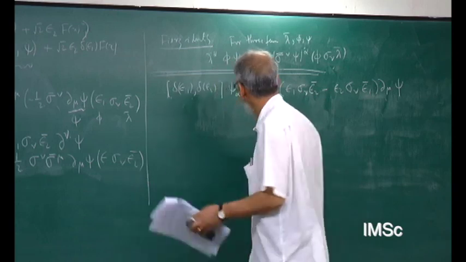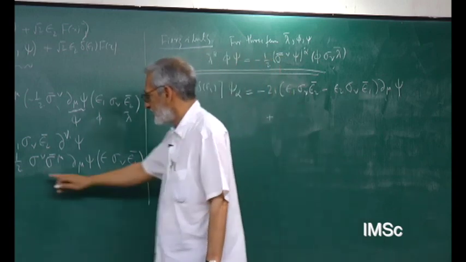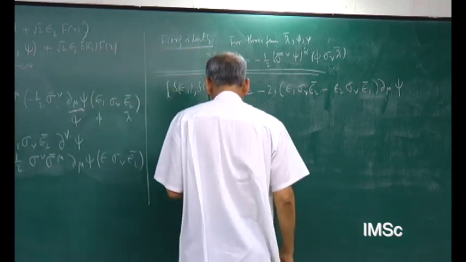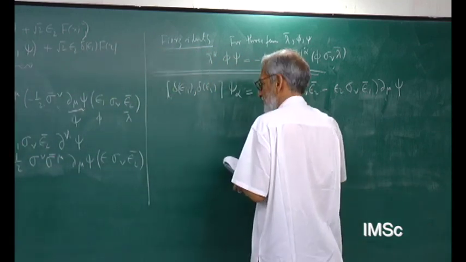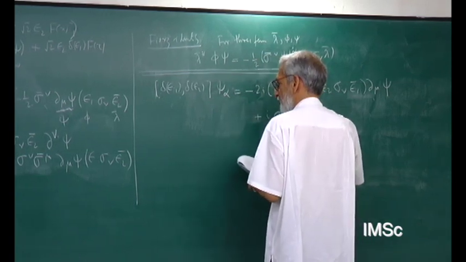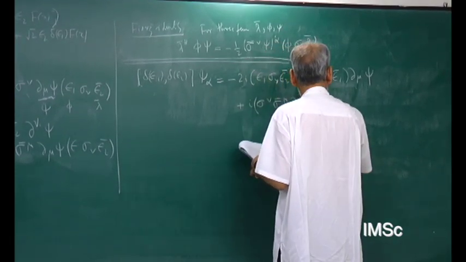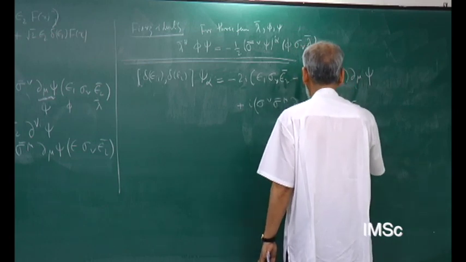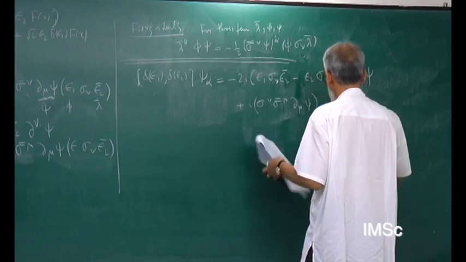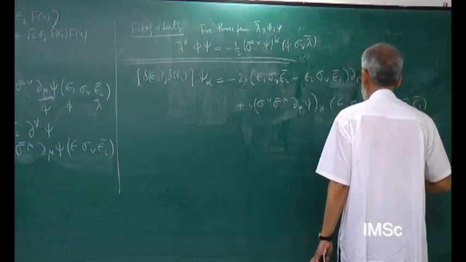Now from the second term, you will get this half will go away with root 2, and root 2 is 2 here. There is an i there. I sigma nu sigma mu bar d mu psi alpha, epsilon 1 sigma nu epsilon 2 bar minus epsilon 2 sigma nu epsilon 1 bar.